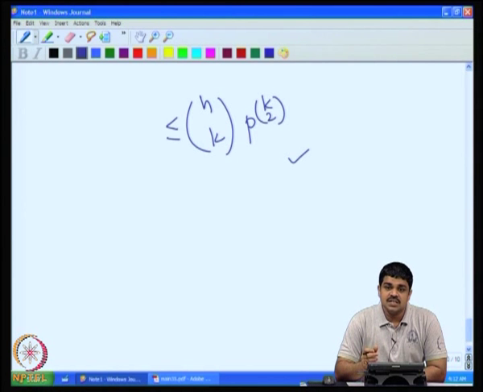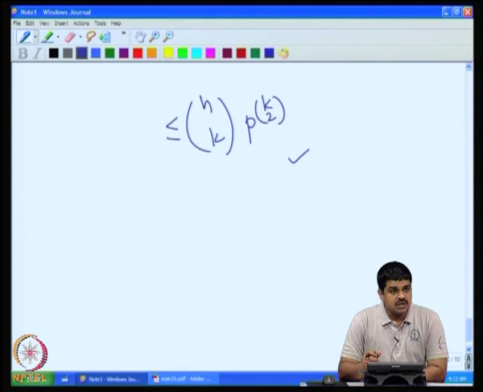We considered a couple of events here. One was what may be an upper bound for the probability that there exists a k sized independent set in the randomly taken graph. Another was what will be an upper bound for the probability that there exists a k sized clique in the randomly selected graph.